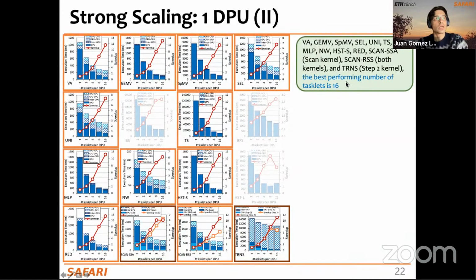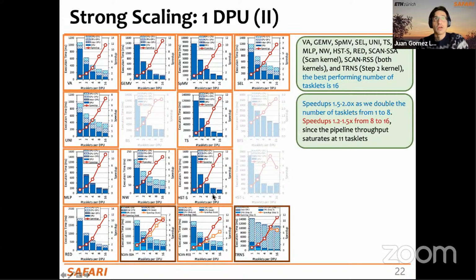So as you can see, in most of the workloads, the best performing number of tasklets is 16. In all these workloads that are highlighted on the screen right now, the lowest execution time happens when we are using the maximum number of tasklets that we are running in the experiment, which is 16.